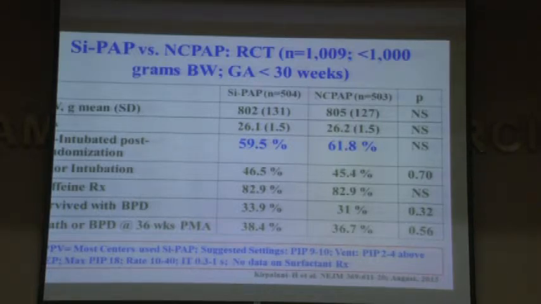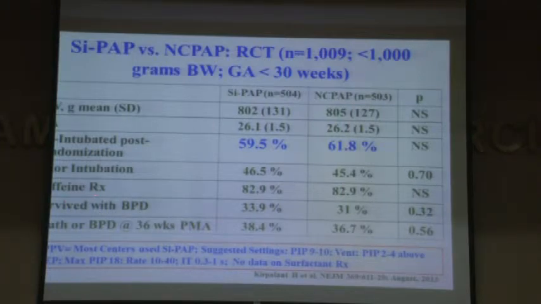Unfortunately, it's not NIPPV. This is a study of CPAP versus CPAP. 26 weeks mean gestational age, about 800 grams mean birth weight. Look at the babies that were intubated after randomization to CPAP or NIPPV. 60% of babies failed and got intubated.